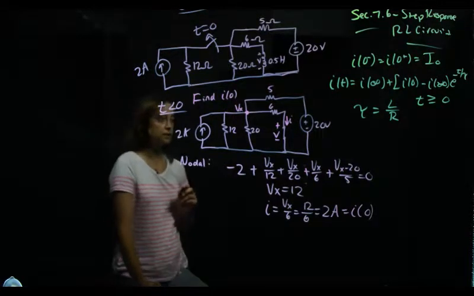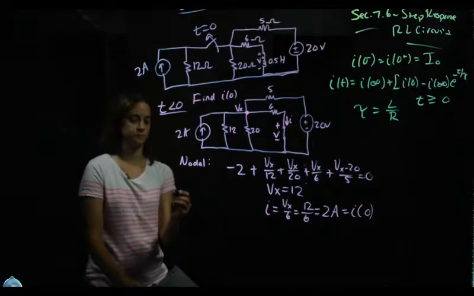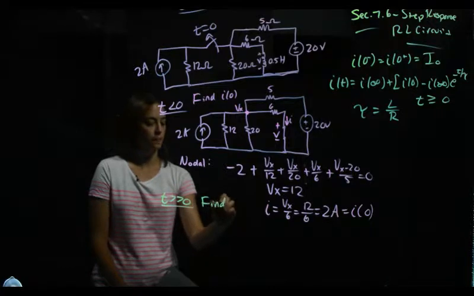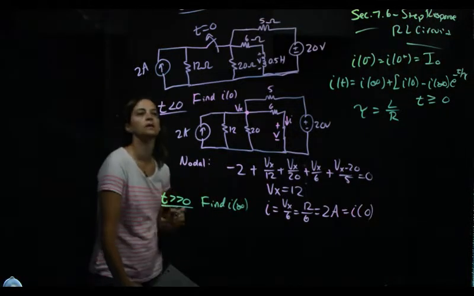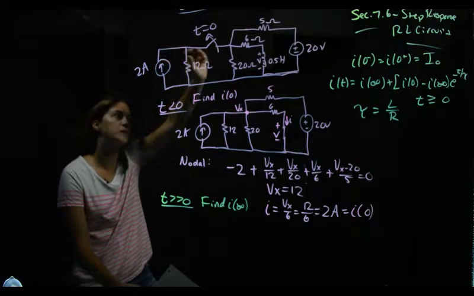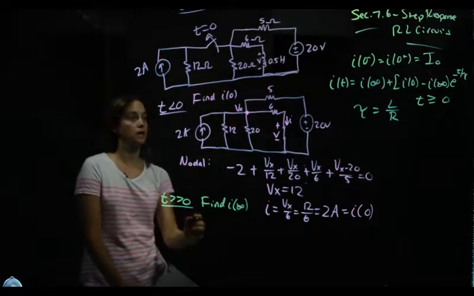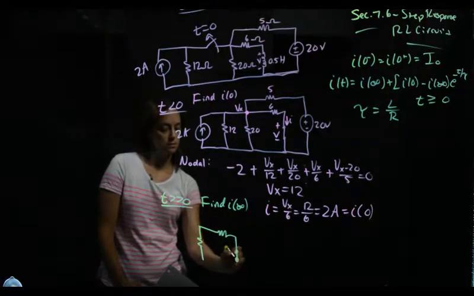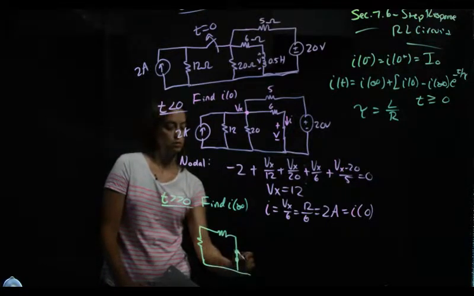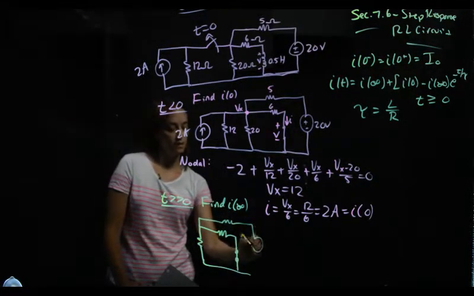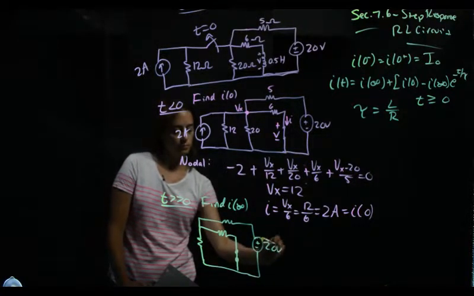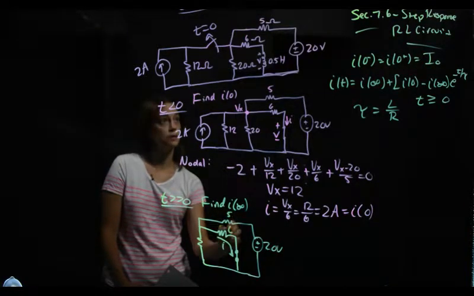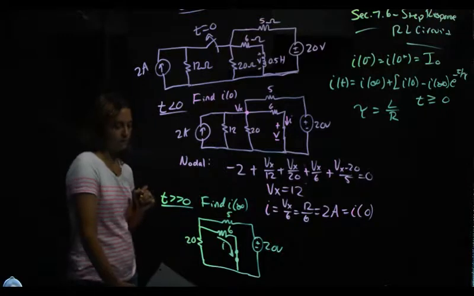I need my final current. I'm going to go ahead and switch colors. So we want to find our I of infinity. All right, switch opens. So we are really just looking at this circuit here. 20, 6. This looks like a short. We have 5 and 20 volts. So I want this current. It flows through there. 5, 6, 20.